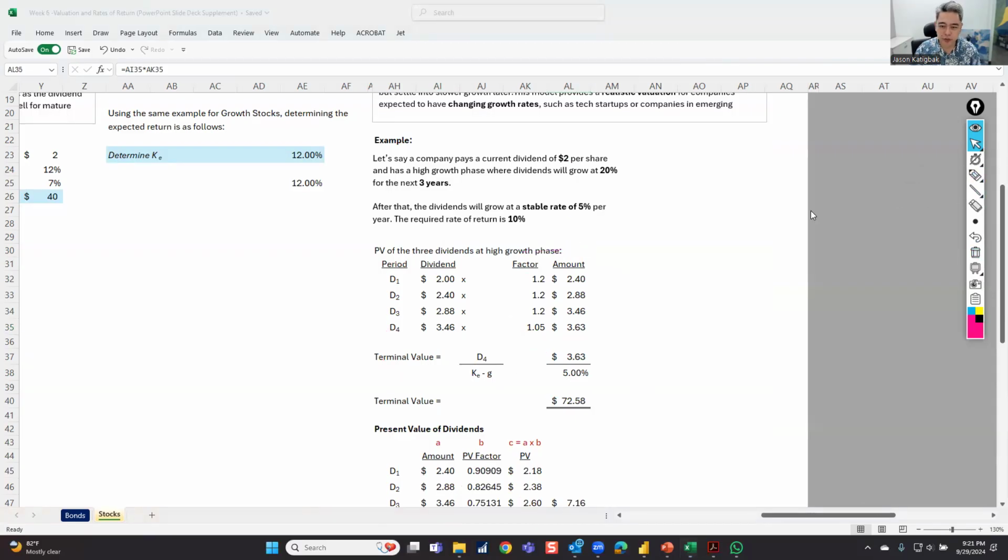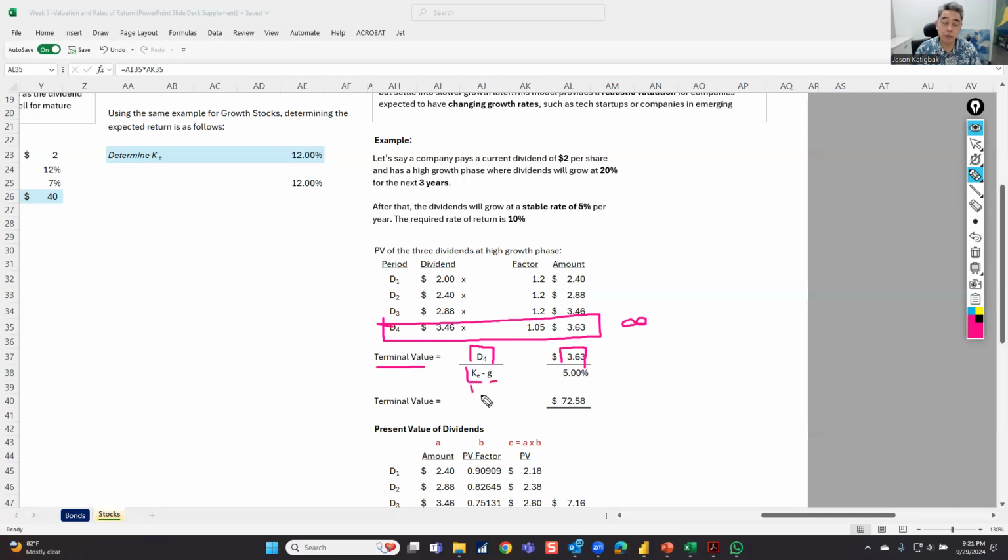I will now calculate. So let me explain this one. So remember, this one will be in perpetuity, right? Like that. So that's why we call that a terminal value. It's similar to what we did before. D4 now, 3.63 divided by 10% minus the growth rate.